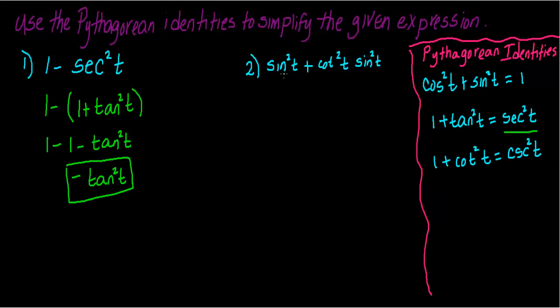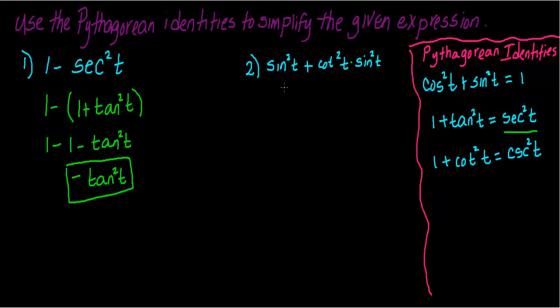For example 2, I have sine squared of t plus cotangent squared of t times, this is multiplication here, times sine squared of t. Since the instructions say to use Pythagorean identities, here's what I'm going to do.